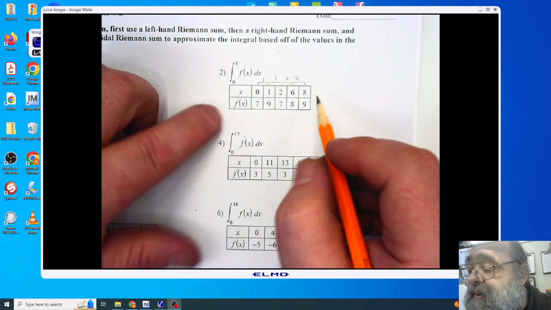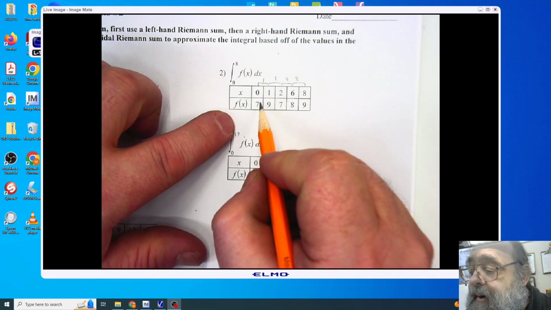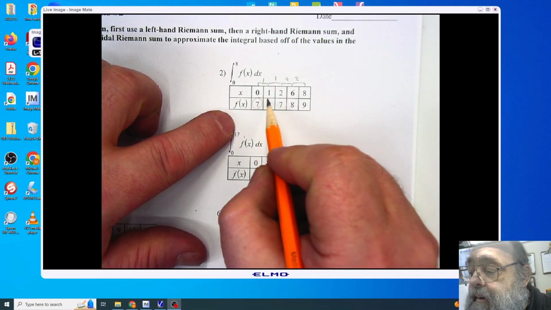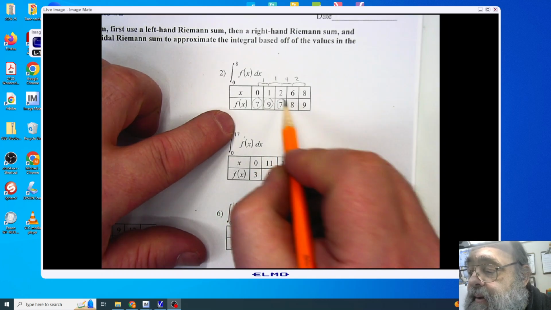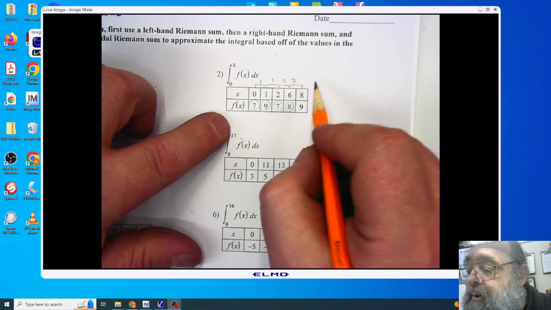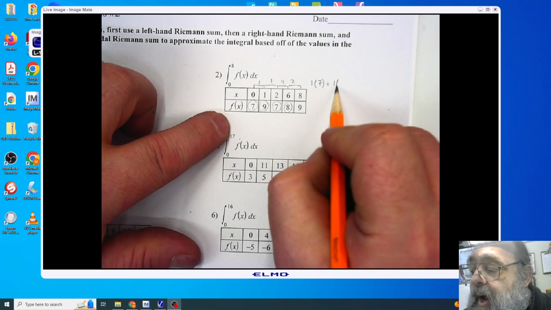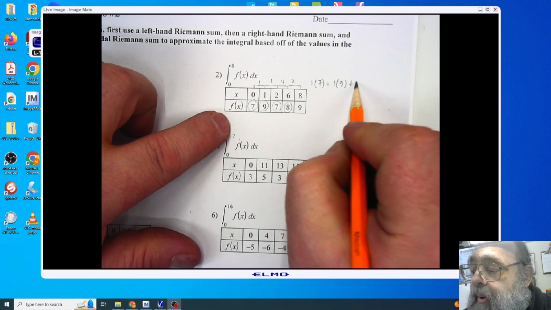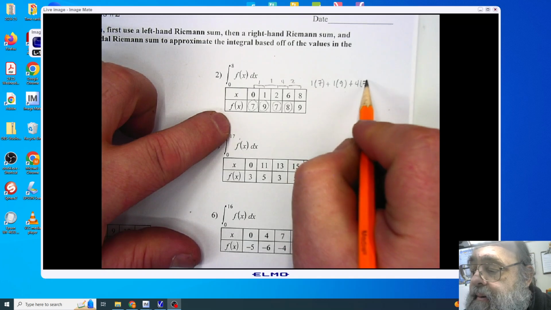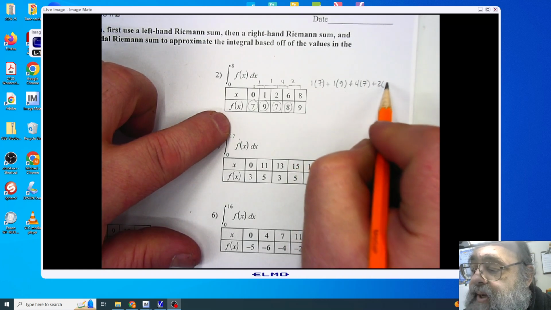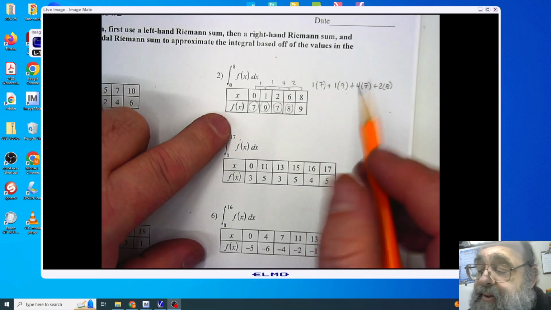Setting up the left Riemann sum uses the gap and the 7, 9, 7, and 8. So you should have 1 times 7 plus 1 times 9 plus 4 times 7 plus 2 times 8. And you're going to add these together.